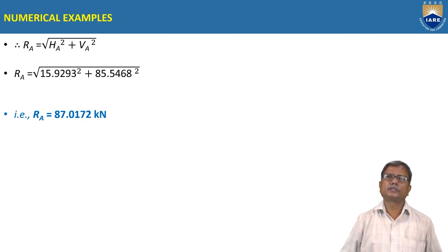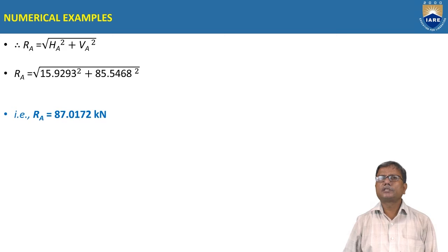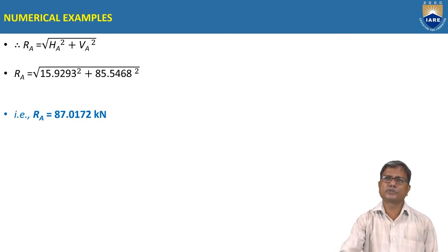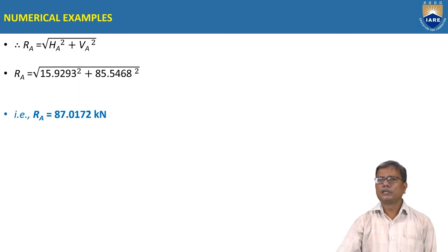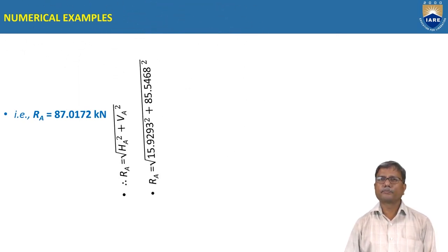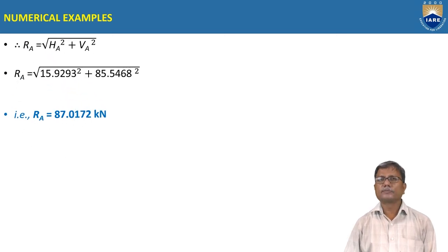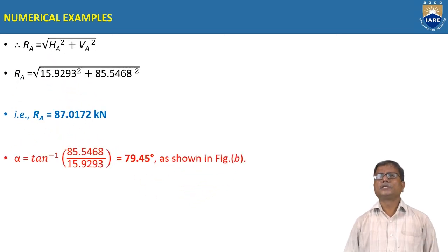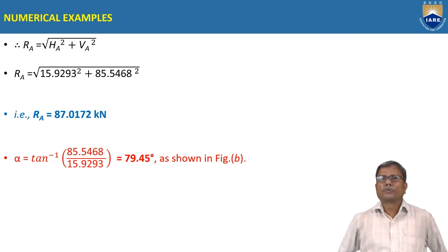And next, we find the resultant of these two components, HA and VA, as square root of HA square plus VA square, and its inclination alpha, here tan inverse of VA by HA.